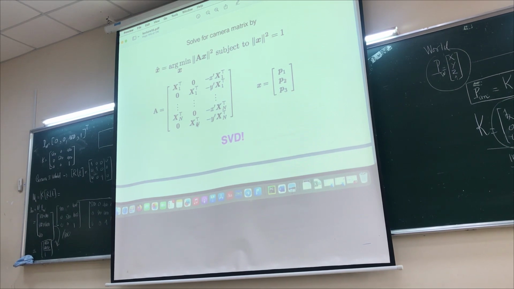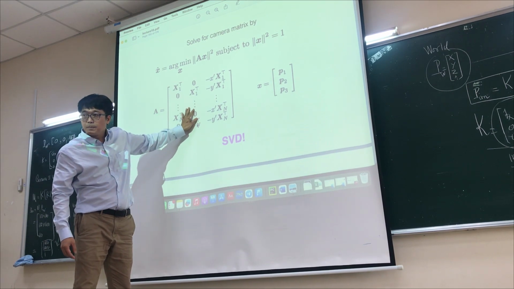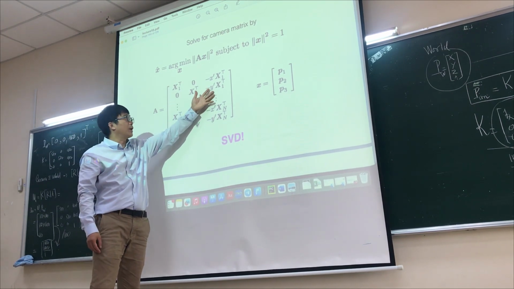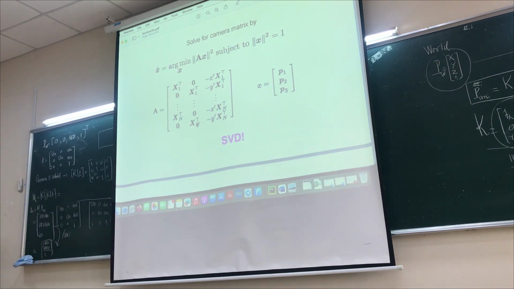In the examination it will be just 3 or more pairs, which you can find yourself. It will be multiple choice, right? I give you the pairs: point world, point image, point world, point image. I ask you to build a matrix here. Is it clear? So that's why you have to write it out clearly like this. I ask you to build a matrix.